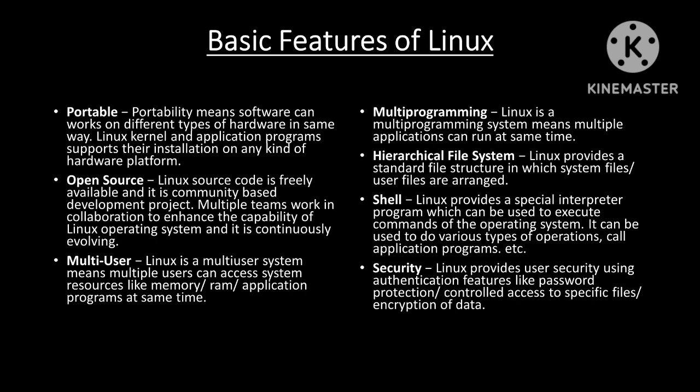Linux provides user security using authentication features like password protection, controlled access to specific files, and encryption of data for security reasons. So these 7 are the basic features of Linux.